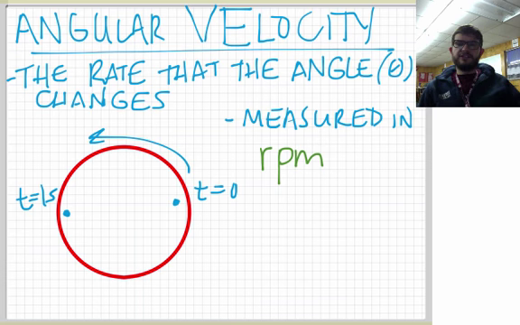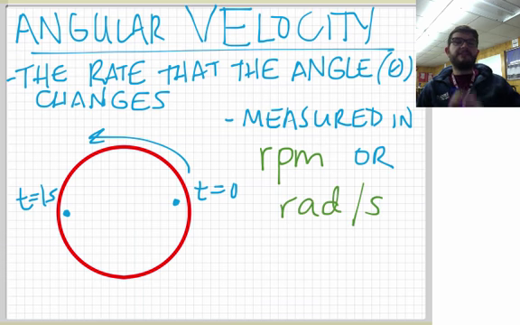So basically, how many times does the circle spin? How many revolutions does it take per minute? That's not as common in physics, but it's very common in applications, especially in engineering. You see RPM a lot. But in physics, we will measure it in radians per second. That's much more useful for us, and we don't have to convert as much.